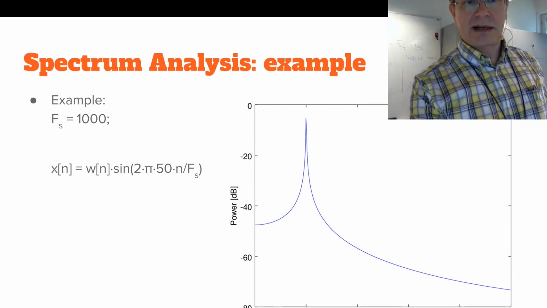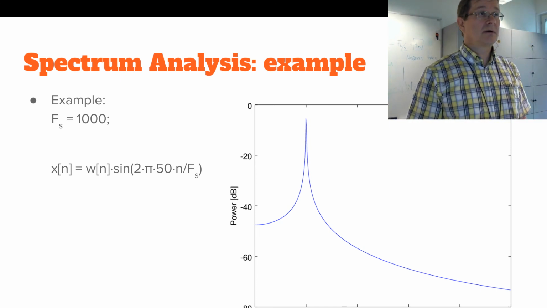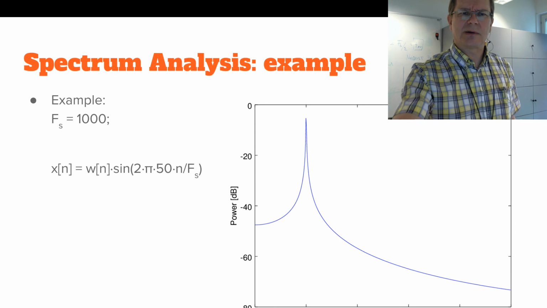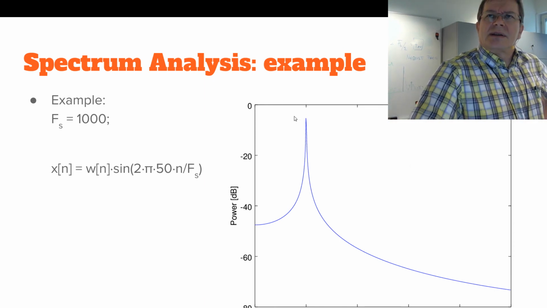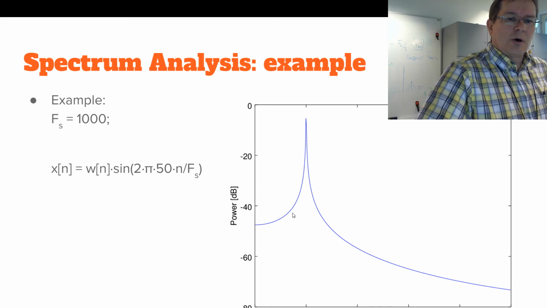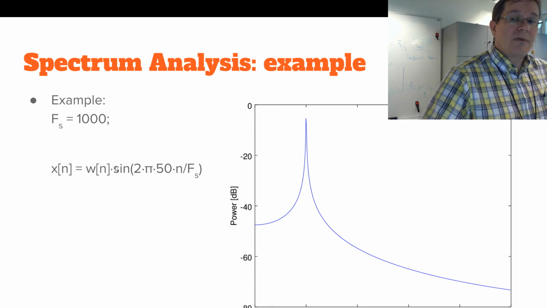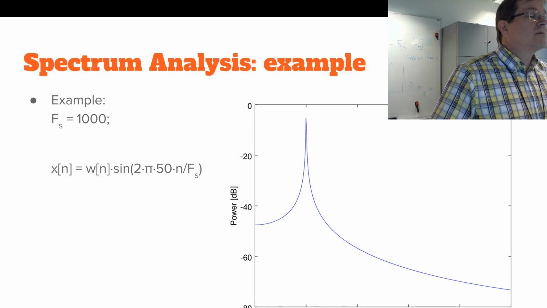I thought it was 49 point something, or was it 50? Oh yes, it is 50. I was lucky. The peak is right where it's supposed to be, and then there are these side lobes, which actually come from the window function. But more about that in the third or fourth lecture.